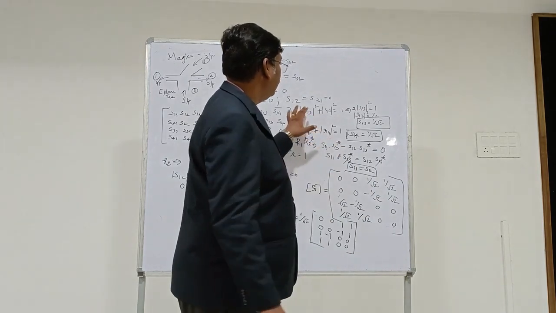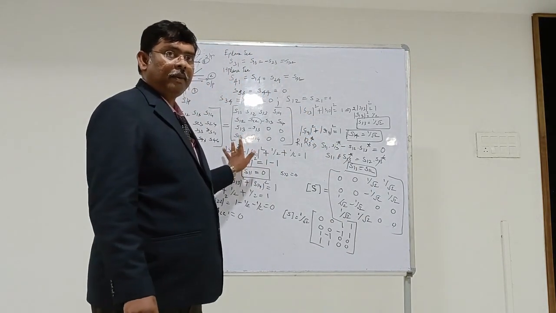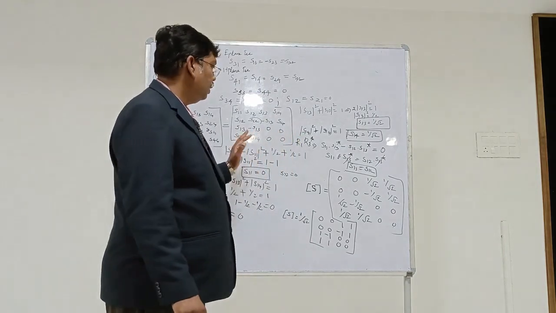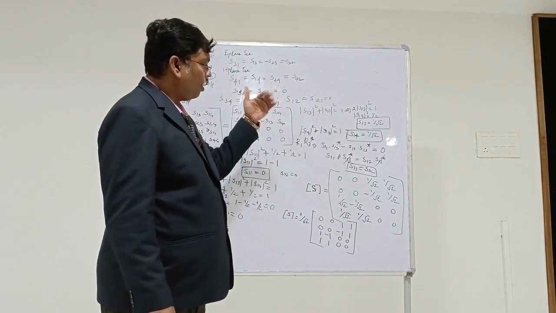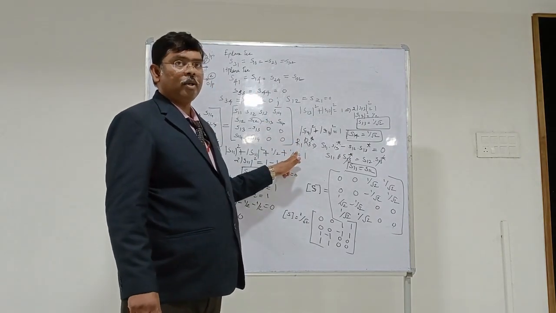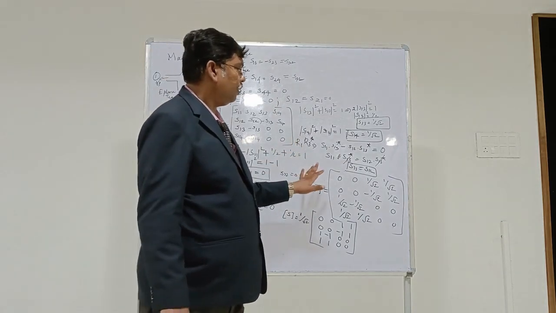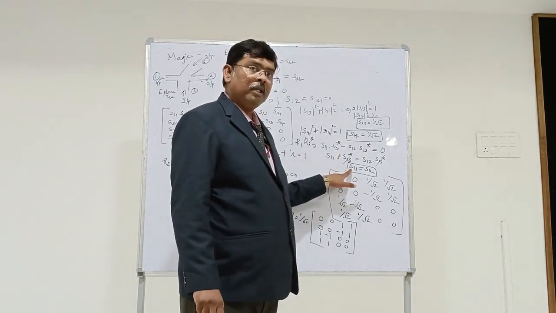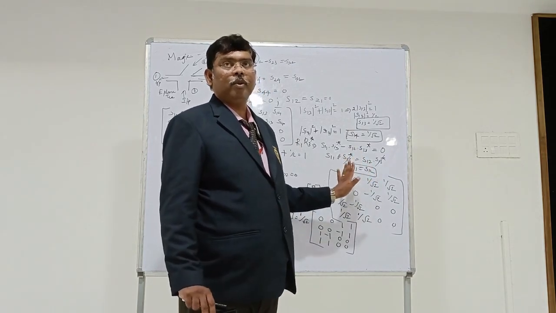Then I find S13 and S14 straight away. Solving this, I get 1 by root 2 and 1 by root 2. Then I substitute these values. If you need one more value, I use row 1 with the row 3 complex conjugate. From that I observed that the magnitude of S11 is equal to S12.